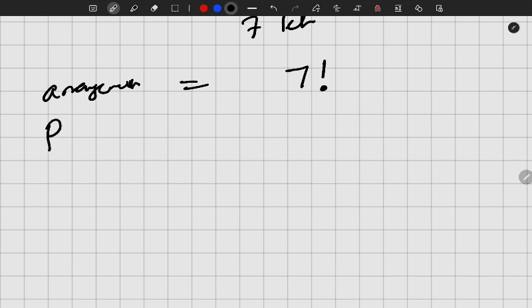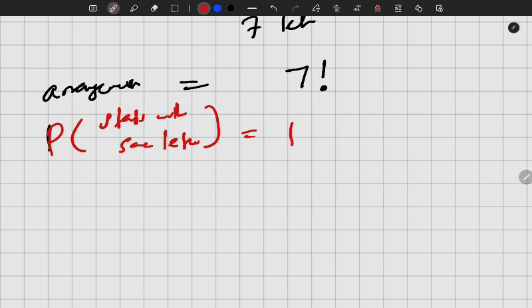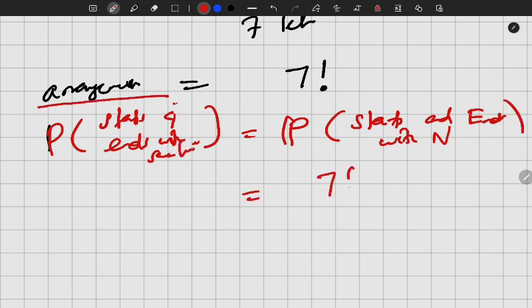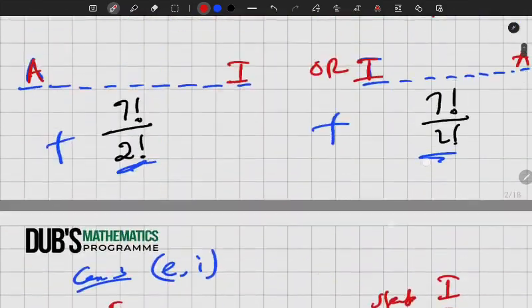Now the probability that it starts and ends with the same letter is the same as the probability that it starts and ends with N. So it would be what we found above, 7 factorial, divided by all the possible arrangements, which is the arrangements without any conditions.